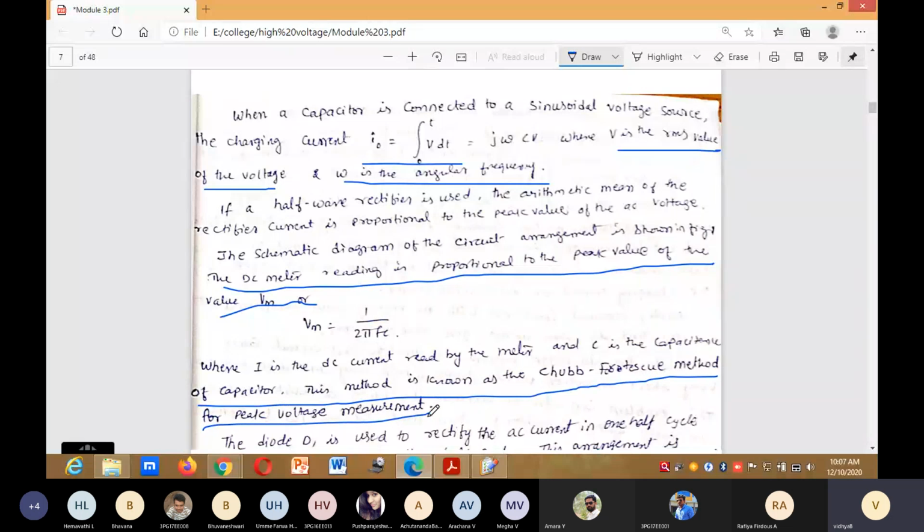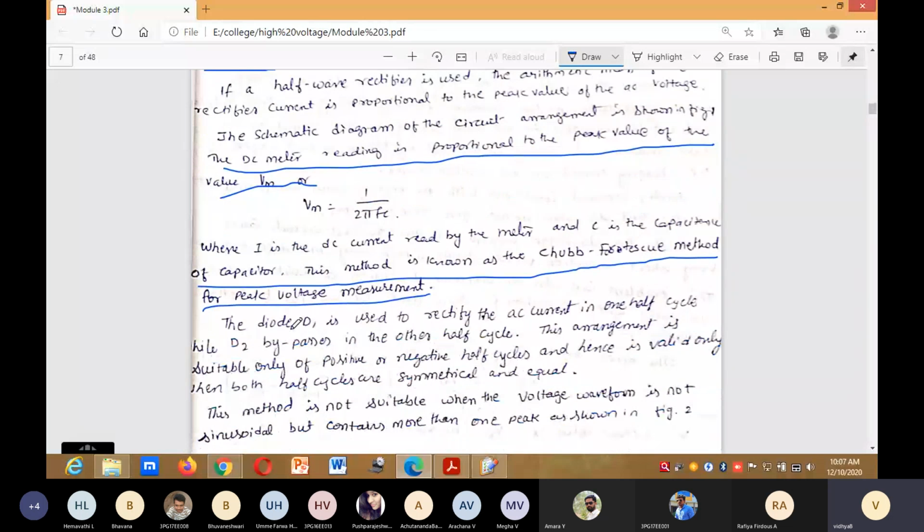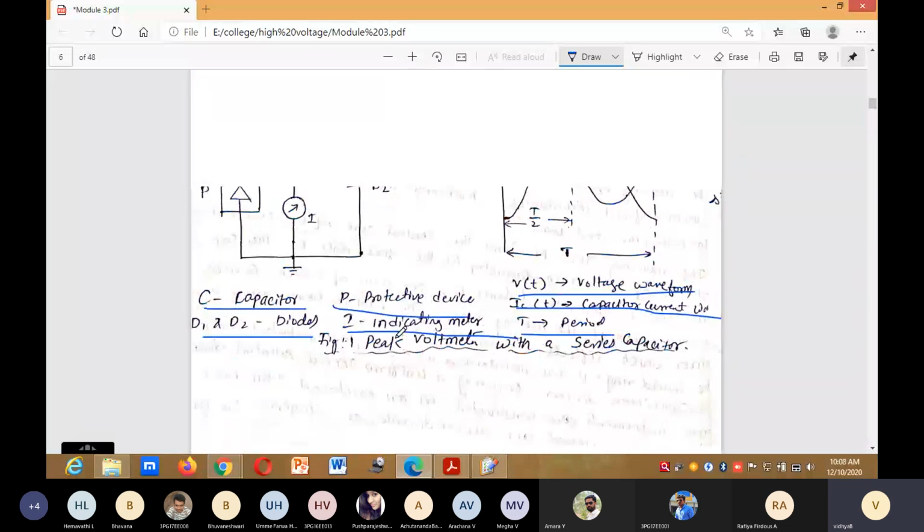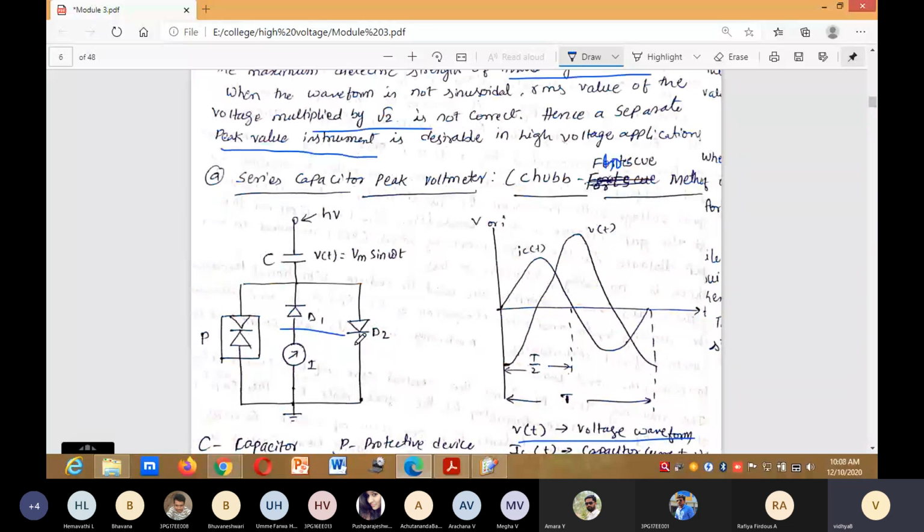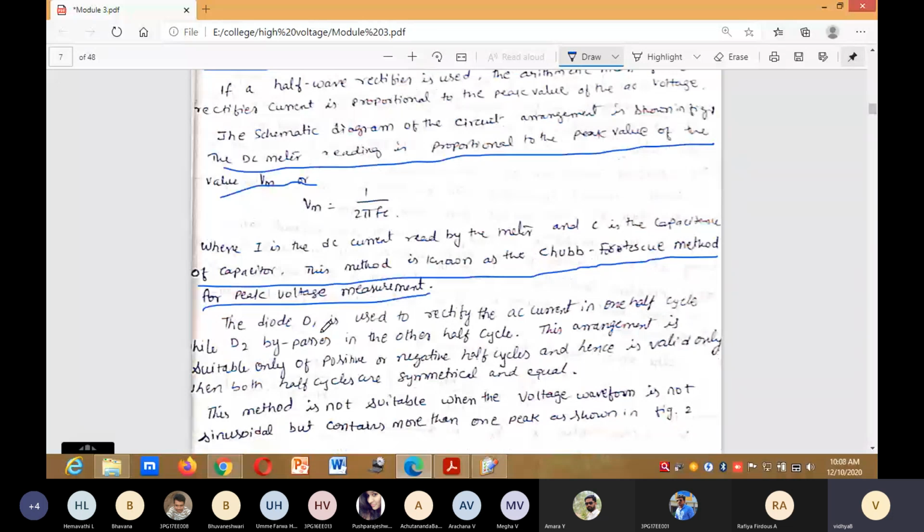In this diagram there are two diodes, D1 and D2. The diode D1 is used to rectify the AC current in one half cycle, while D2 bypasses in the other half cycle.